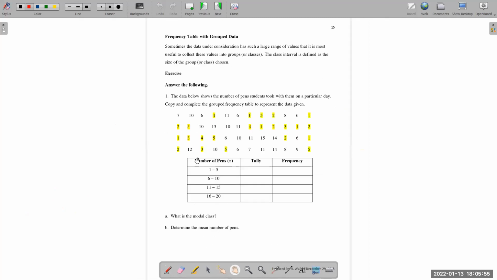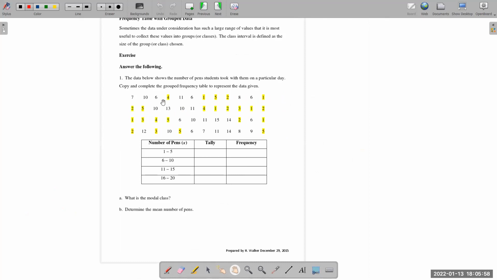So let's pretend there's no numbers highlighted in yellow because it may be a little confusing. But let's say we have our frequency table, but what do you realize here? Instead of each number having its own entire row, they've grouped some numbers together to make it easier. So the first row represents any number that is from 1 to 5. So you would then have to look at all the numbers that are 1 to 5 and put the value here. So everybody see the difference?